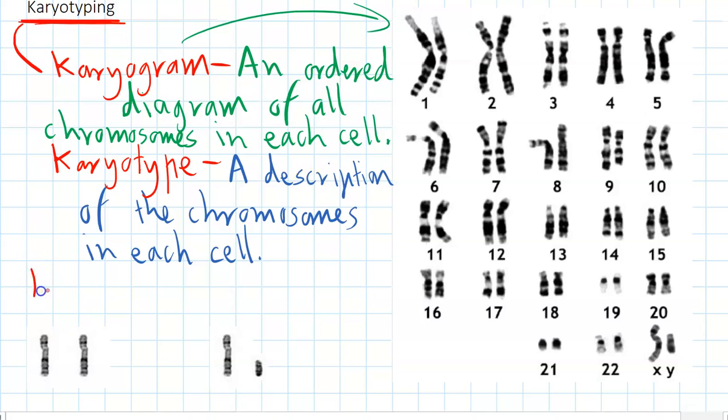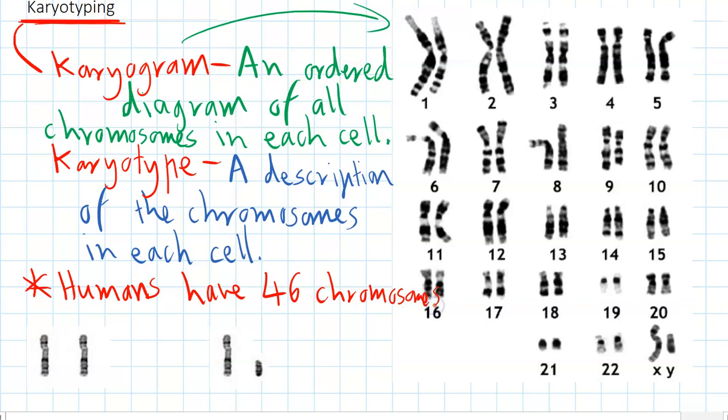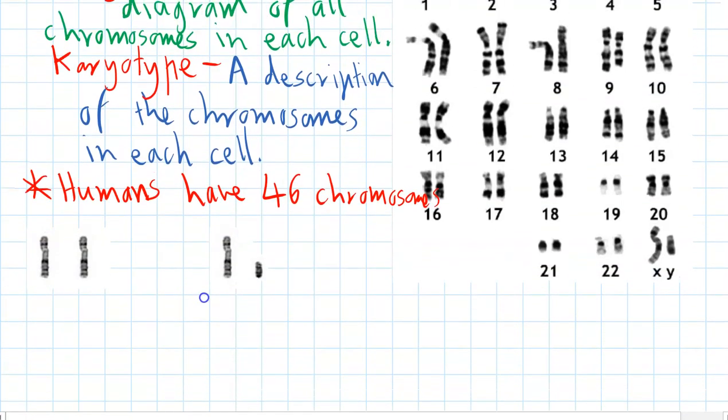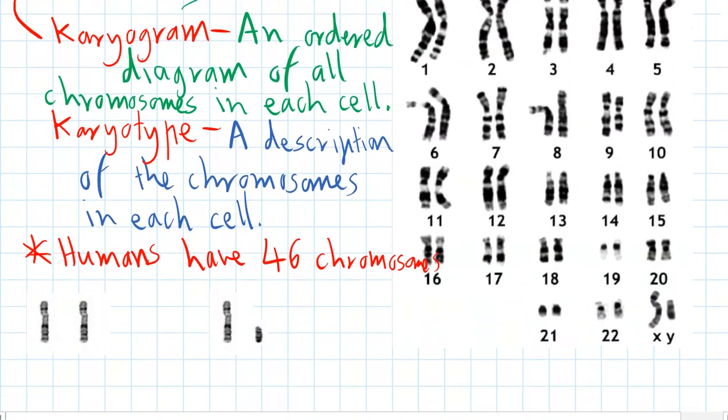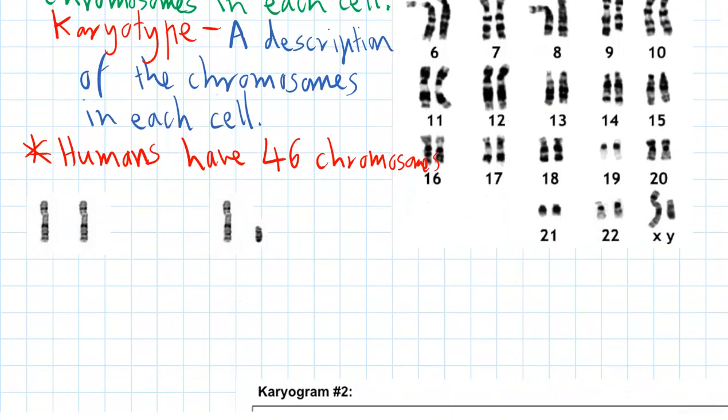So like I said before, in our cells, humans have 46 chromosomes. You can see here they're arranged in pairs, and that's because humans and most other eukaryotes have 2 copies of every chromosome. So you can think of our cells as having 23 chromosomes, but we've got 2 copies.